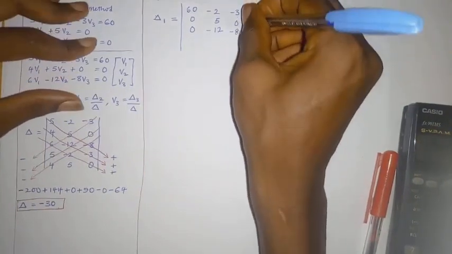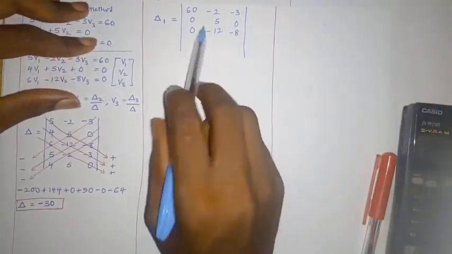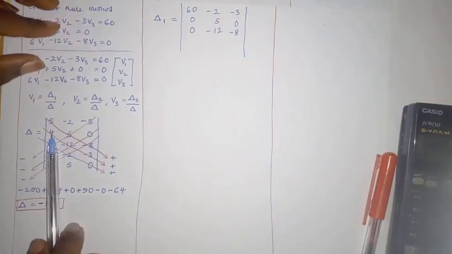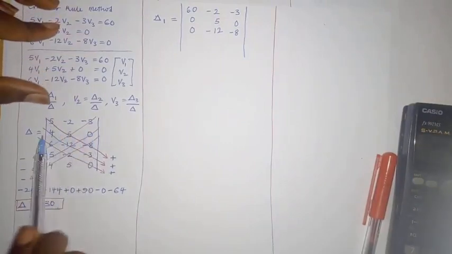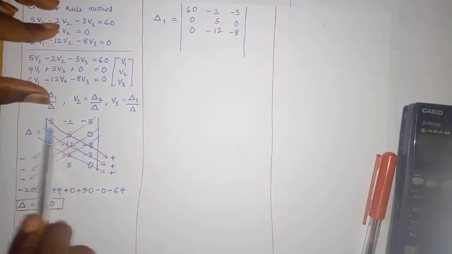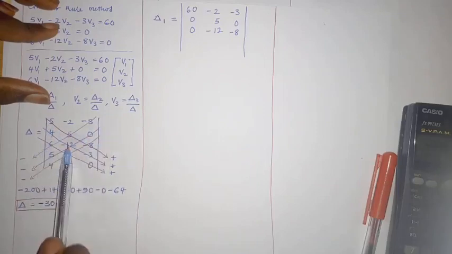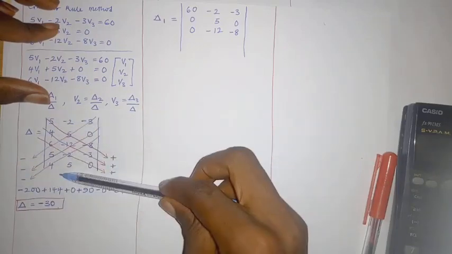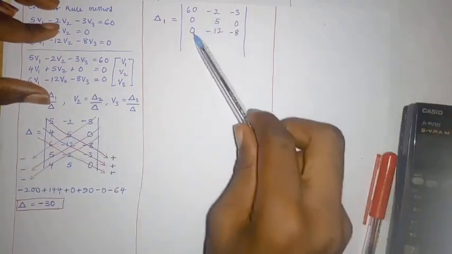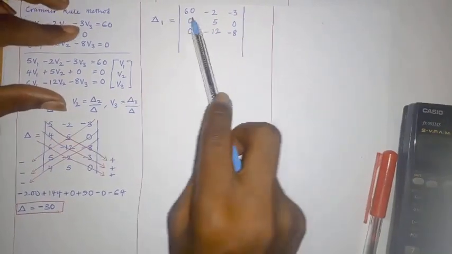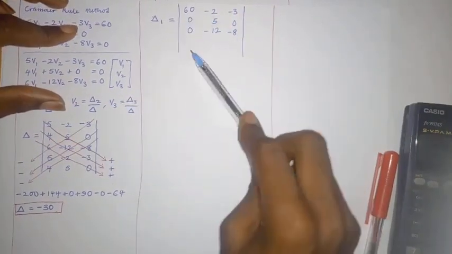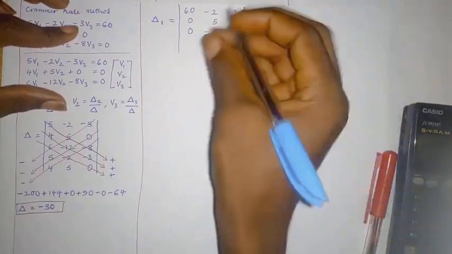Now, like we did earlier before, the first two rows, we are going to rewrite it here. So same thing applies to this also. It's very simple.